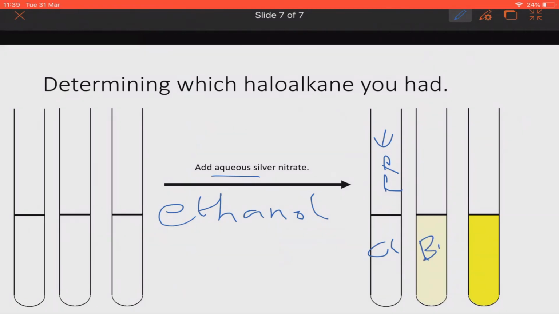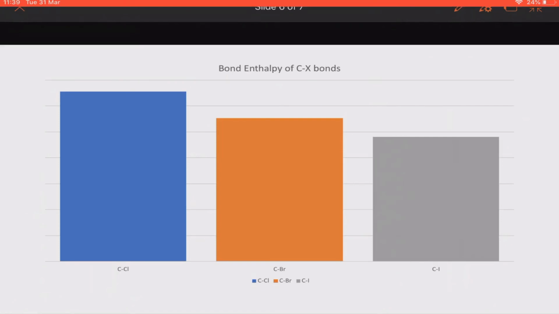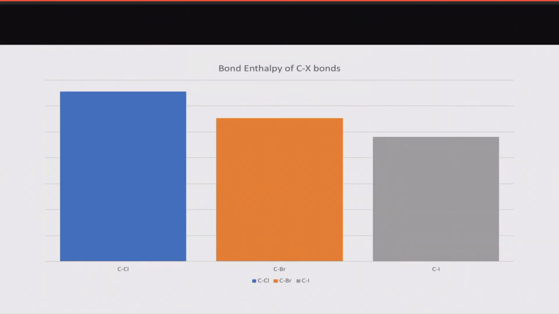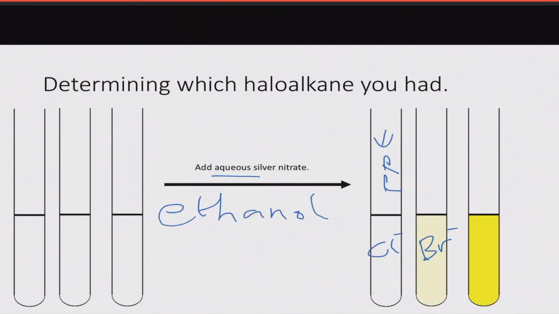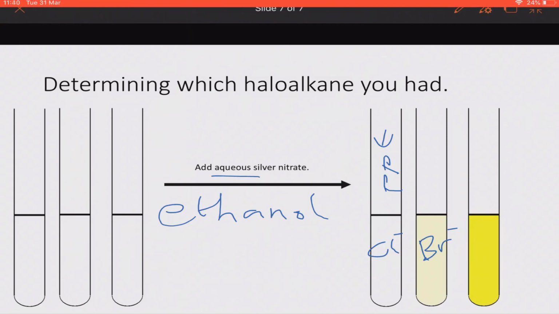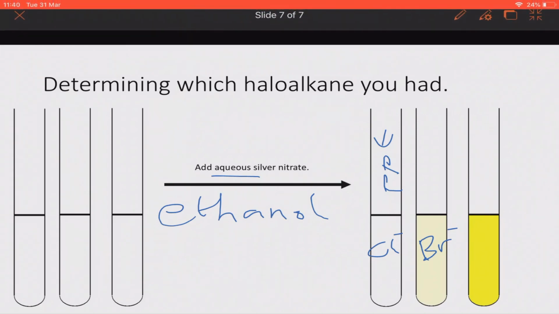Here it's bromide ions that were present at the end of our reaction, because of course remember that our reaction produces halide ions, not halogens, and we've got a cream precipitate. And then as our last one, this is because we've got iodide ions present and we've made a yellow precipitate.